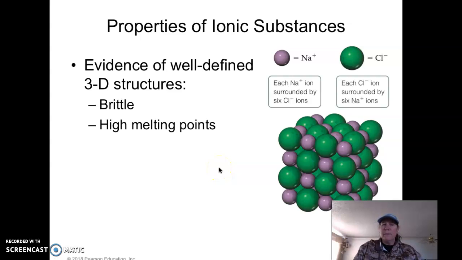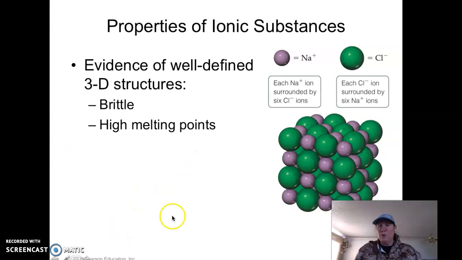The things to remember about ionic substances, and again, these are all your salts, not just sodium chloride, but all the salts. You know, lithium bromide, potassium iodide, all of those are considered salts. Okay, it's a metal and a non-metal, and those halogens, that group 7. But anyway, they're very brittle. They have high melting points.